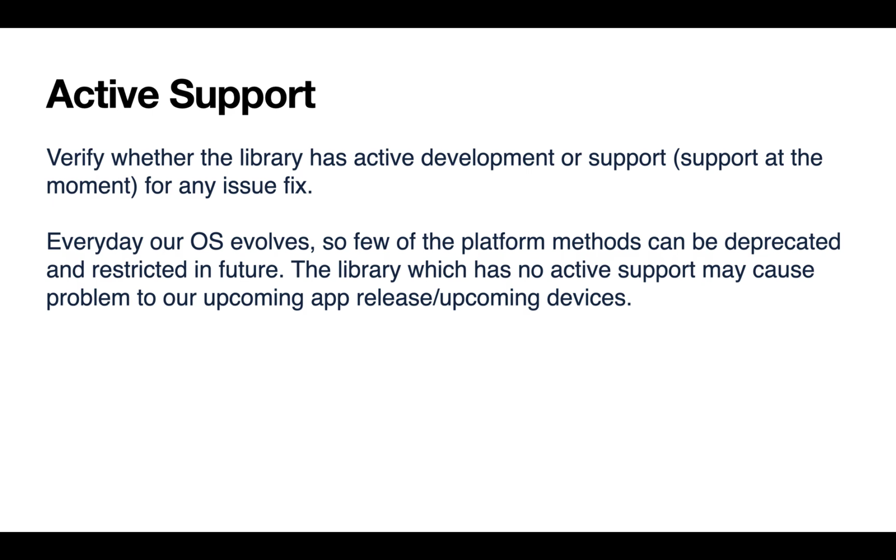Let's say one library is very popular, but there has been no active support or development for 3 years, and lots of things have changed within these 3 years. In those cases, that type of library also can be problematic for our development.